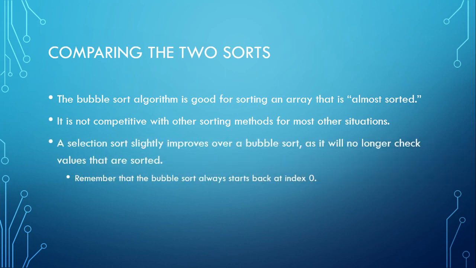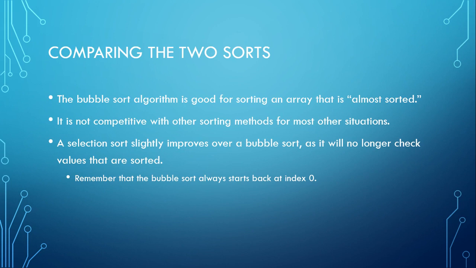Now, a selection sort slightly improves over a bubble sort. It's not the best, right? But it is better than a bubble sort, as it's no longer going to check values that are already sorted. Remember, it sorts as it goes through. It's putting them in order. So after it puts the first value in A of 0, it does not need to come back and check A of 0. Remember also that with a bubble sort, it's always starting back at index 0.